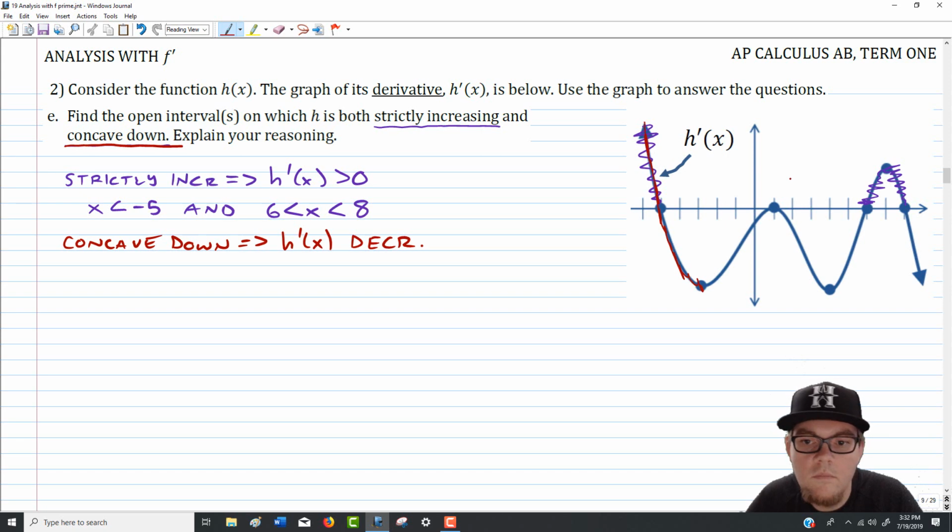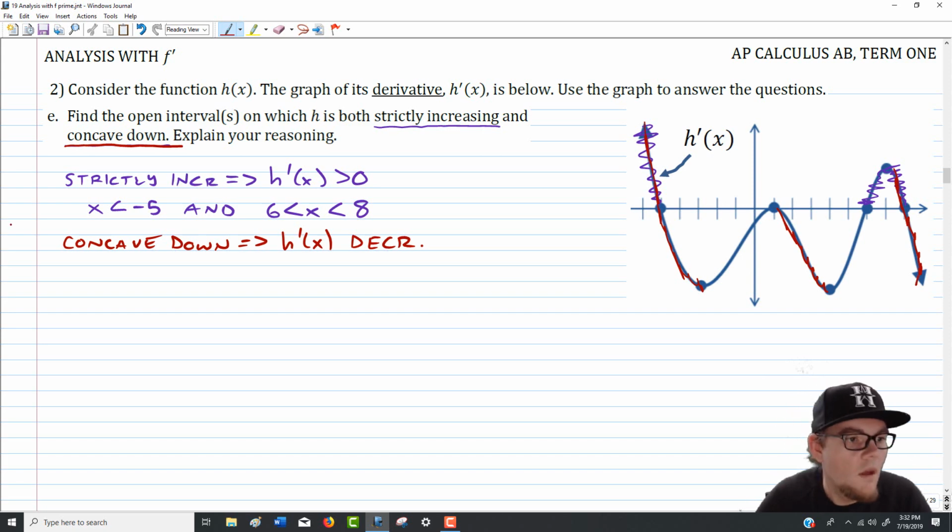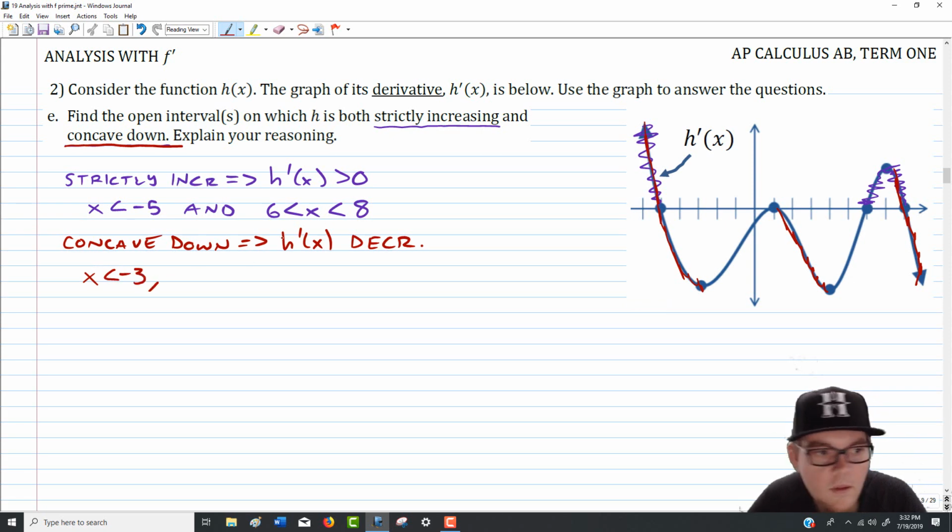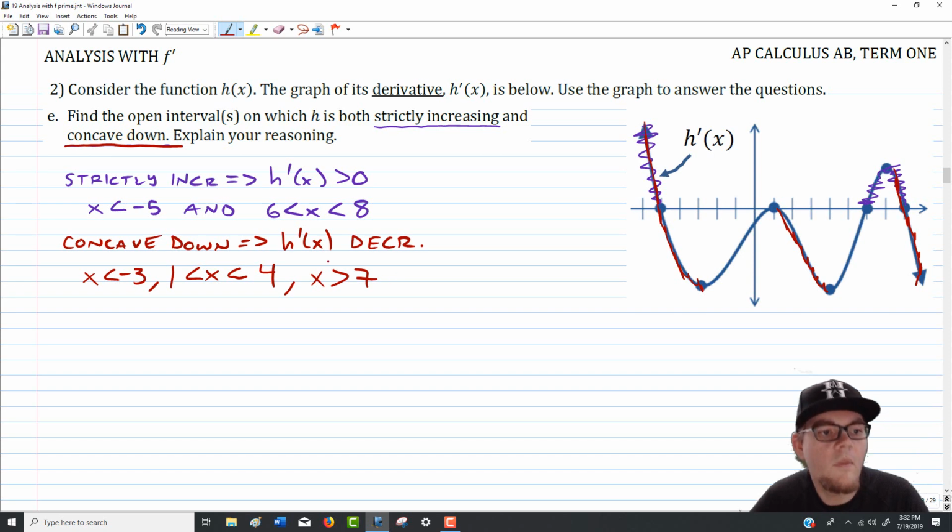Decreasing, decreasing, and decreasing. So in here we'd have to say that it looks like x is less than -3, 1 less than x less than 4, and then the other one, x greater than 7.